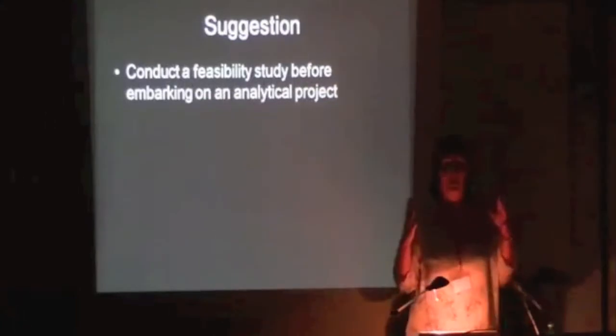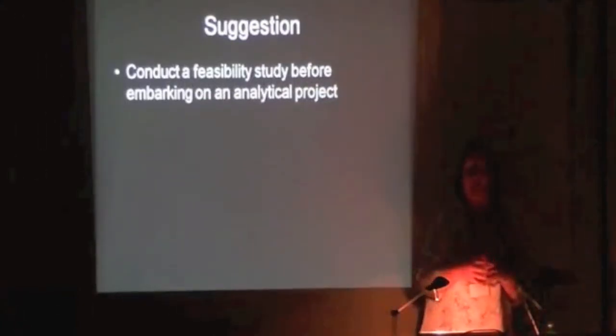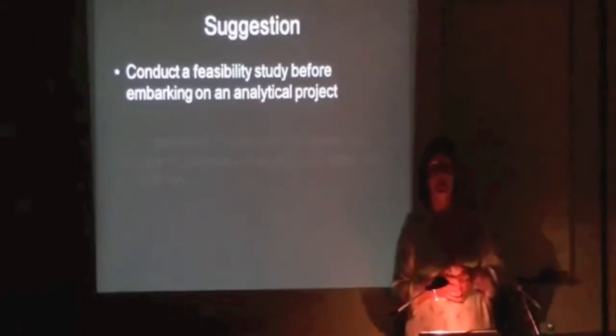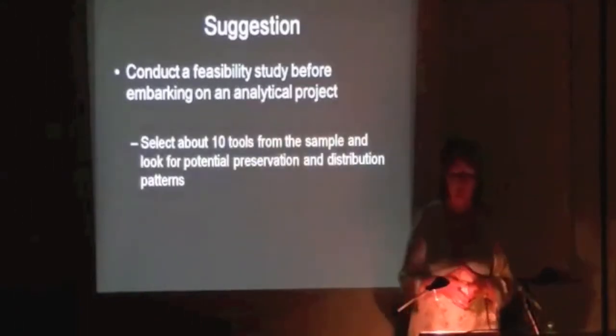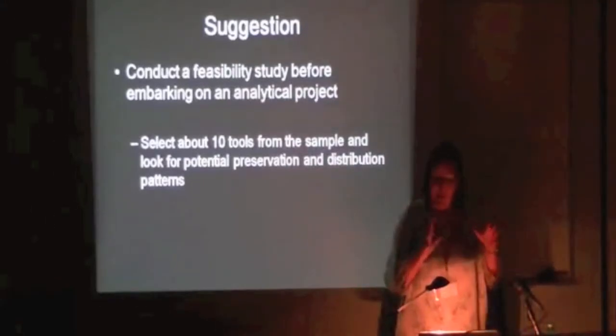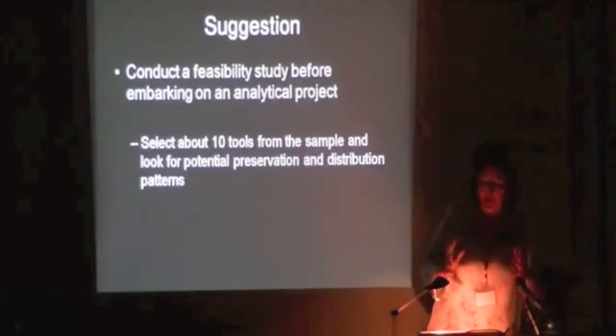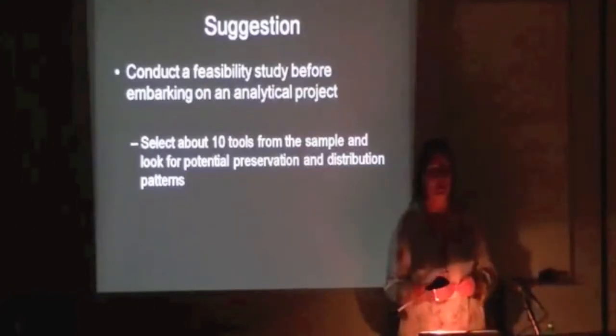I usually do a feasibility study before I do any large analytical work, and it saves a lot of time and energy and resources. So if somebody comes and I say, okay, I'll look at your tools, I select about 10, and then I look for potential preservation and distribution patterns.